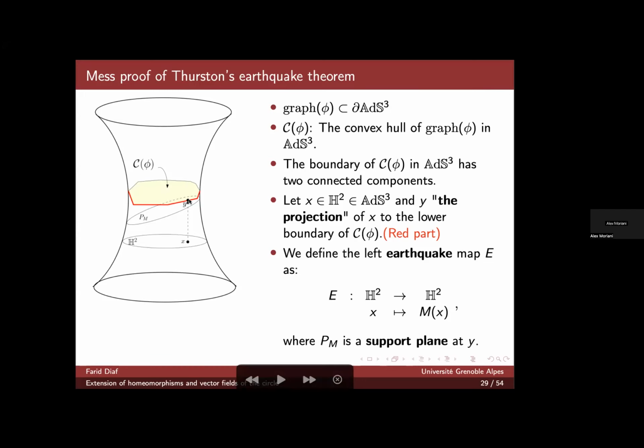Okay. So this projection, in the boundary, has a nice interpretation. This hyperboloid is foliated by two lines. So in the boundary, if you want to identify this H2 to this P_m, you follow the foliation. If you have a point here in H2 in the boundary, you draw two lines. Because it's a foliation, there are two lines which pass through this point, and then there are two projections: a left projection and a right projection.